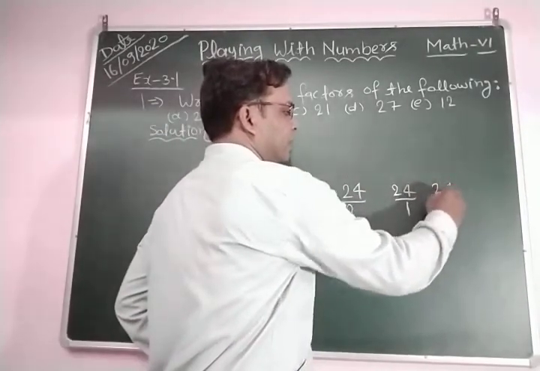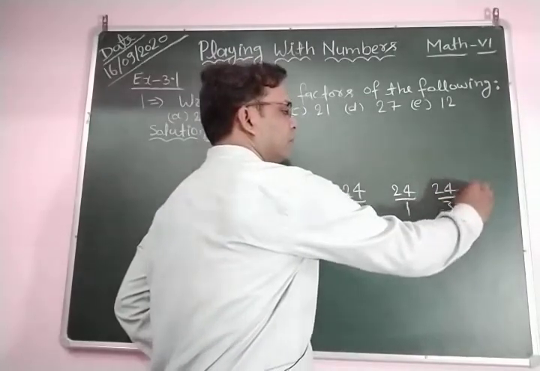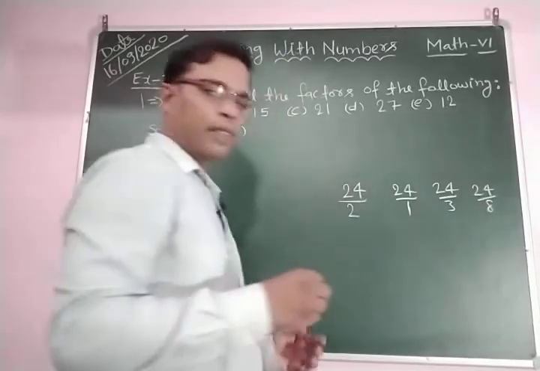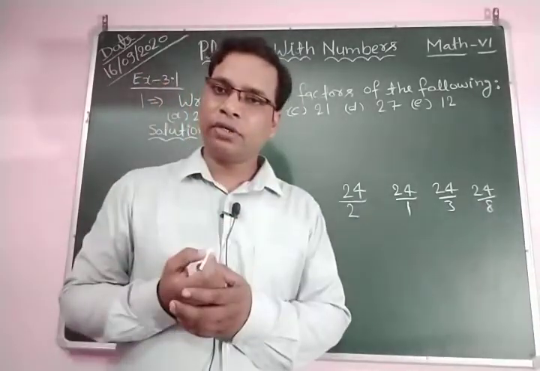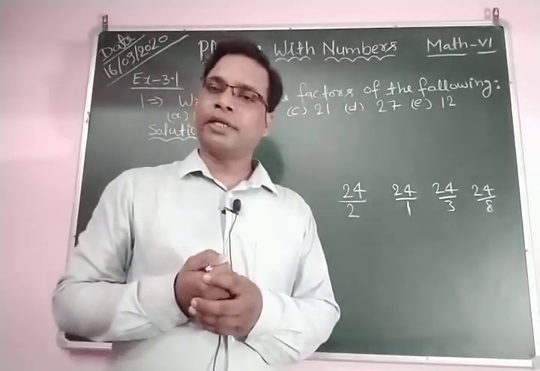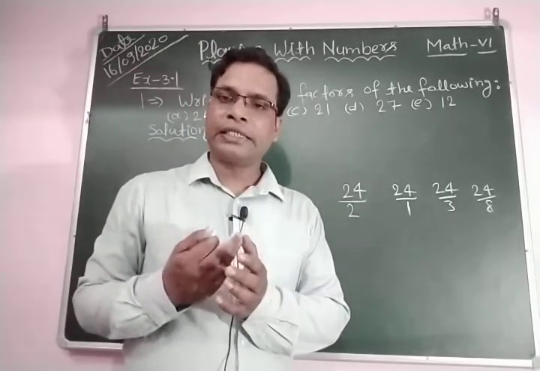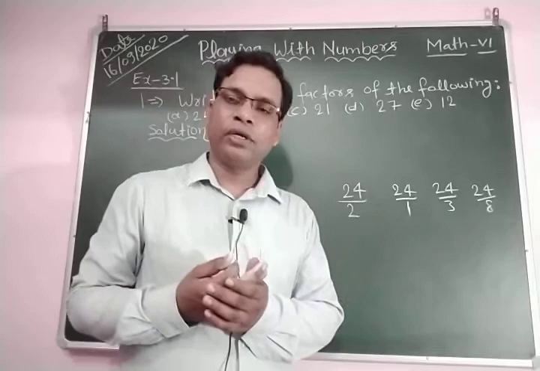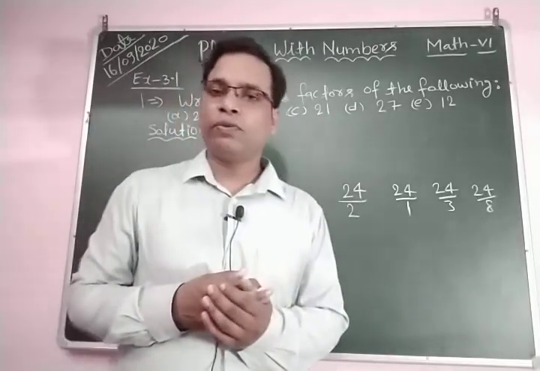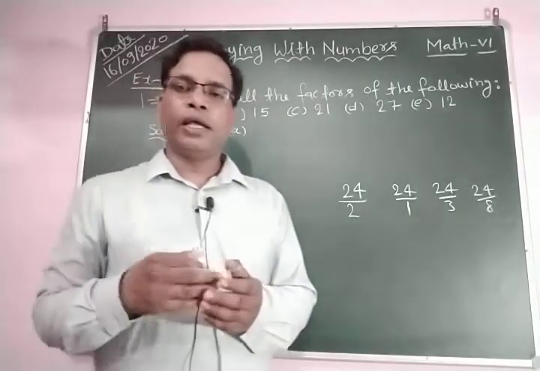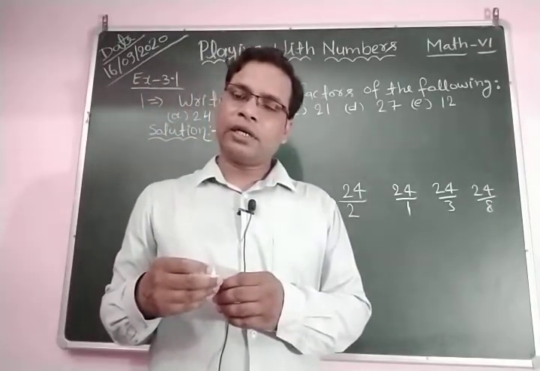3 also divides 24, 8 divides 24. So in this way, all those numbers that divide 24 are called factors of 24. 12 divides 24, 6 also divides 24. So you can say 1, 2, 3, 4, 6, 8, 12, and 24 divides itself.